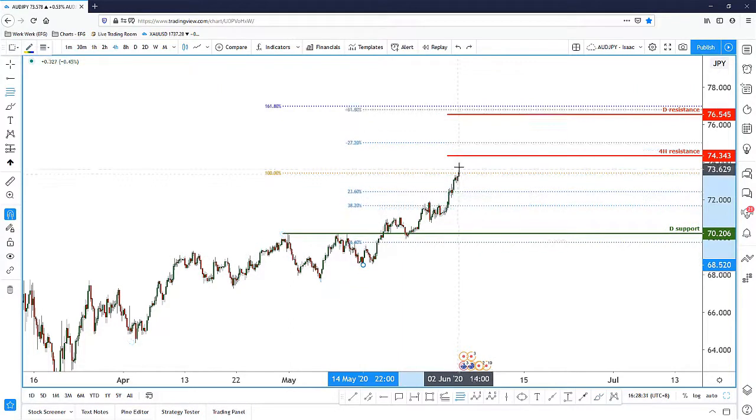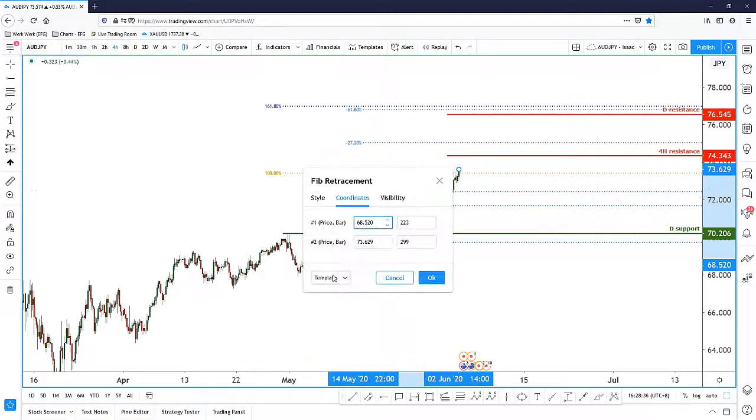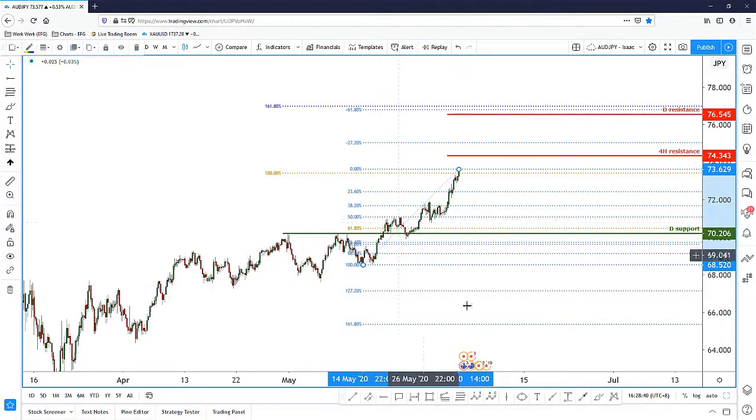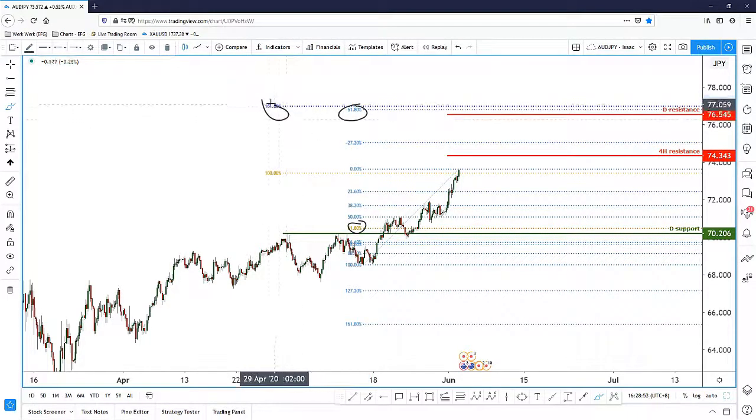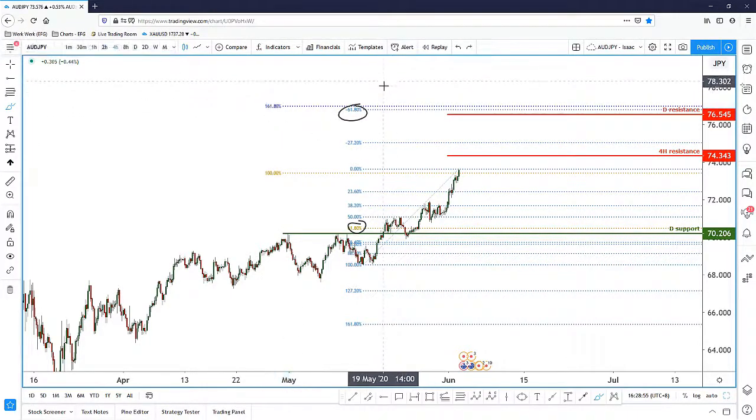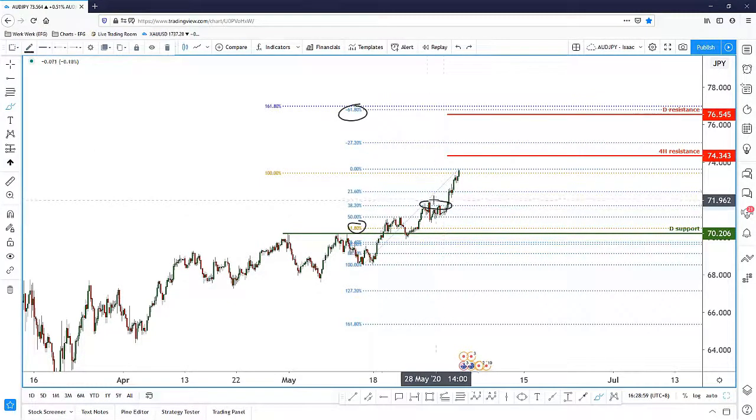So we take from the low to where price currently is, and we open up all Fibonacci levels. Okay, and interestingly enough, you see that the daily support that we found is quite close to the 61.8. And of course, the negative 61.8 retracement falls very close to the 161.8. All right, and the graphical level that I want to look out for is the 38.2.